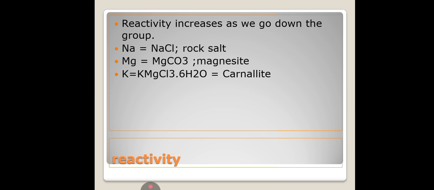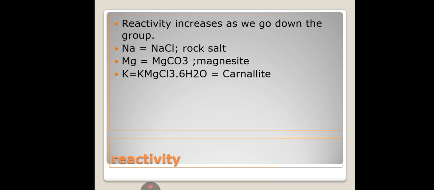So in Earth's crust, there are many types of minerals, right? Some examples are given here for sodium, magnesium and potassium. Sodium is always combined with chlorine to form NaCl, common salt, what we call sodium chloride. Similarly, magnesium is present in the form of magnesite, a combination of magnesium and carbonate.